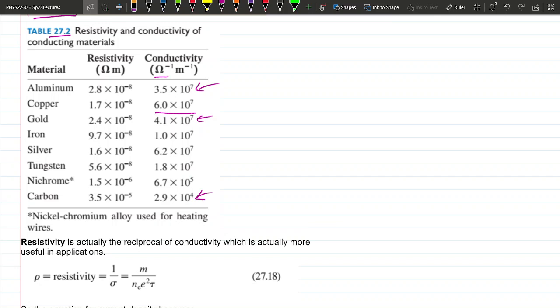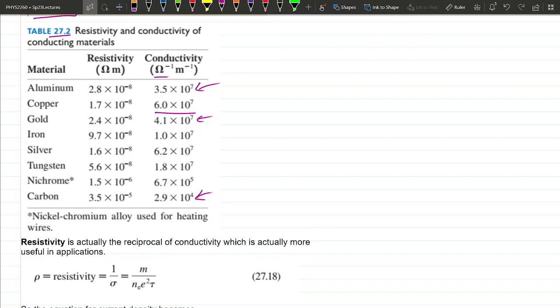It's still conductive, but it's a factor of 1,000 worse than gold and copper. So with the same electric field, you will have a current that's 1,000 times less if you conduct electricity through graphite, which is basically the lead of your pencil, instead of a piece of metal.